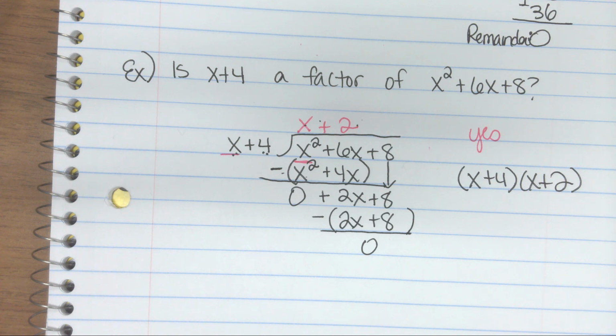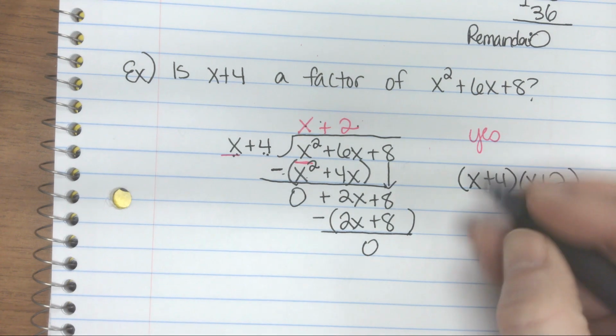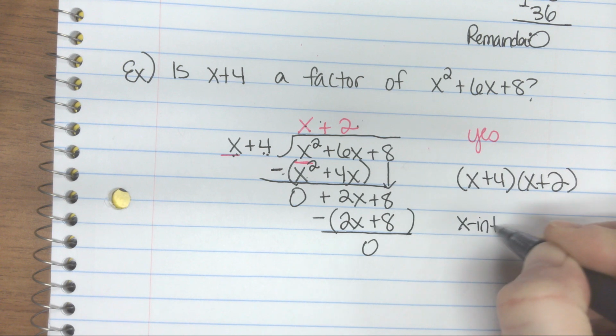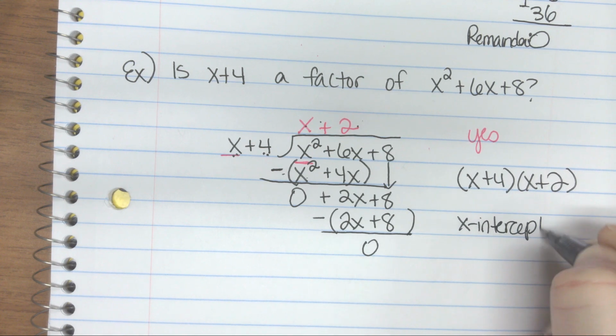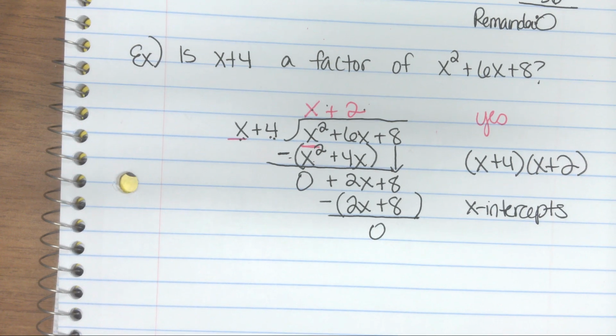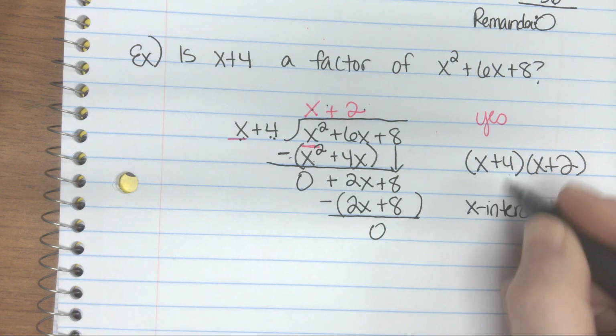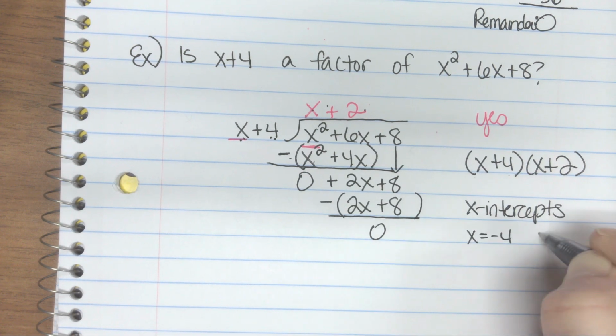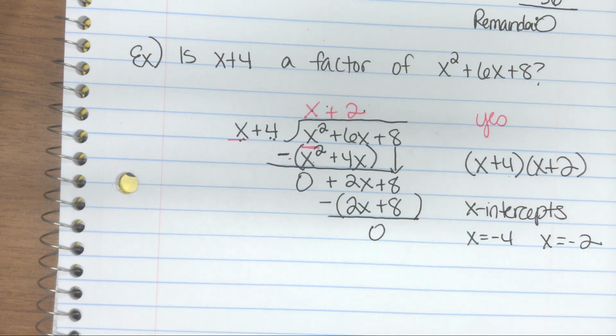Aiden, what did you guys say? -4 and -2. So just kind of remember factors relate to x-intercepts, and that's still true. The x-intercepts would be x equals -4 and x equals -2. Okay.